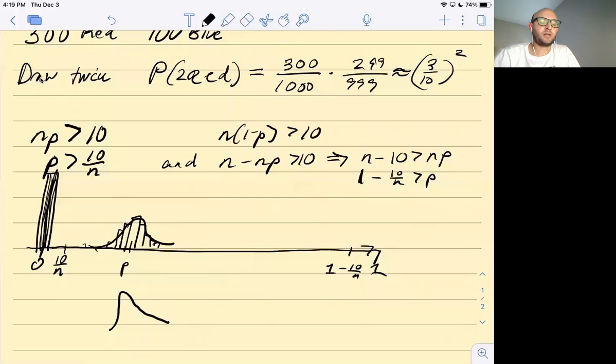It is related to the law of large numbers, but it has to do with the fact that you're trying to approximate a histogram that has to fit between 0 and 1. And if you're trying to approximate it with a normal distribution, the normal distribution has a tail.